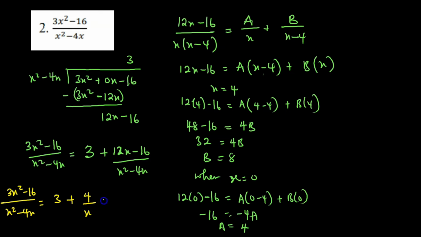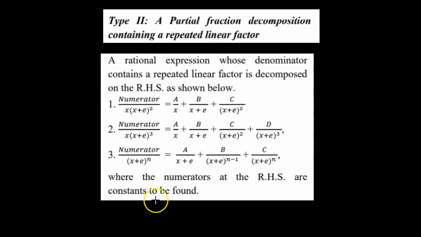Then the b value is also 8, so 8 over x minus 4, and hence that's the decomposition of 3x squared minus 16 all over x squared minus 4x, and that's the partial fraction decomposition of that. You can go ahead and add up 3 plus 4 over x plus 8 over x minus 4, and you are going to get the answer on the left hand side of the equal sign. Good. So we have more to go.